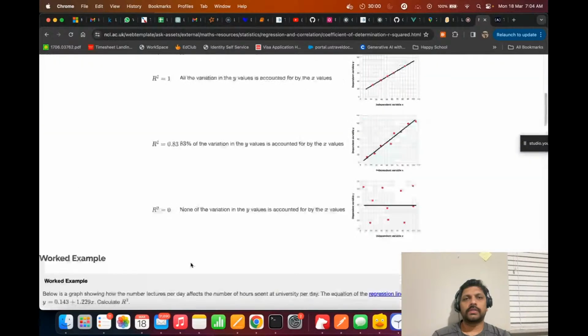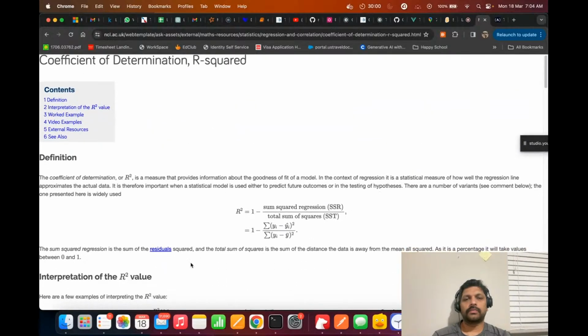This is nice, very clear. Sum of squared residual differences divided by sum of squared actuals minus mean of actuals.